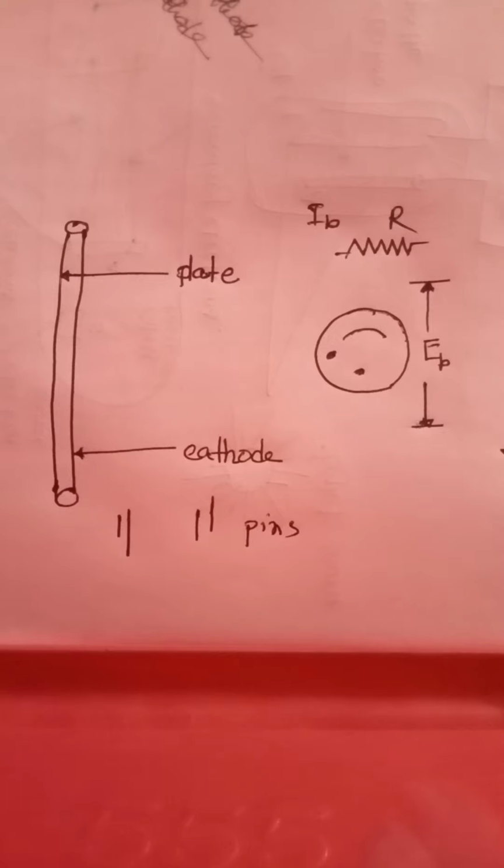If the anode is made positive with respect to the cathode, the electrons from the space charge speed towards the anode, colliding with gas molecules in the tube.